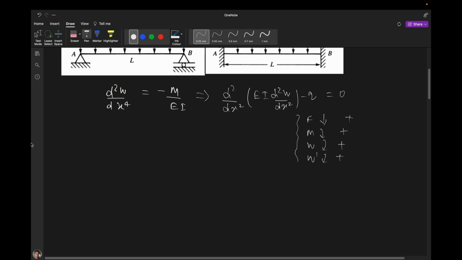So the variational form in the global form is something like this.